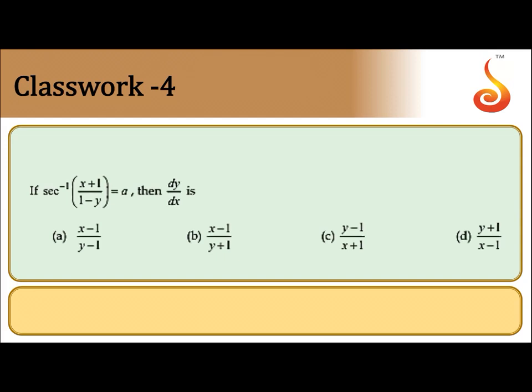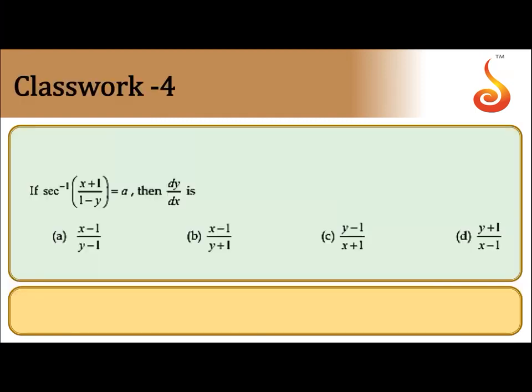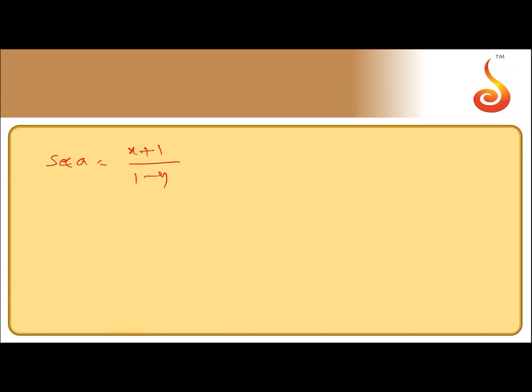When you go with the next one, of course, I hope we finish the problem and the last slides. Let's do it once again. Therefore, secant A can be written as x plus 1 by 1 minus y. So 1 minus y, we want to find dy by dx. 1 minus y multiplied by secant A constant value is equals to x plus 1.